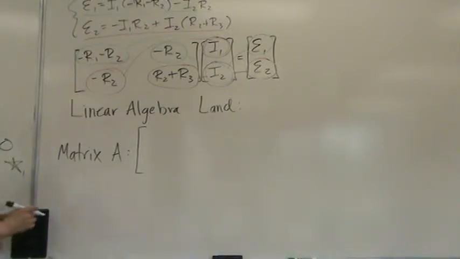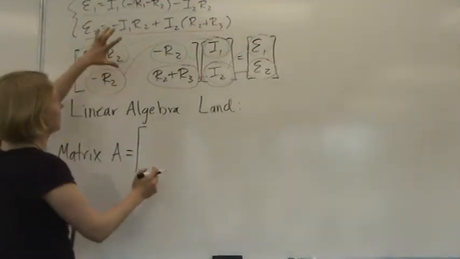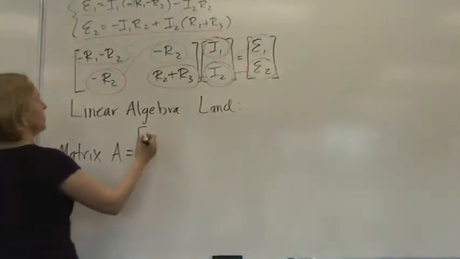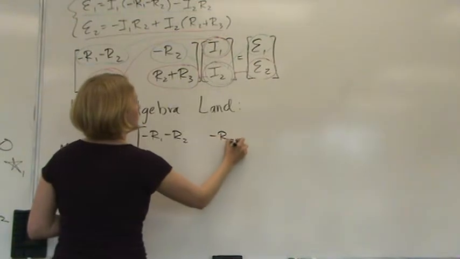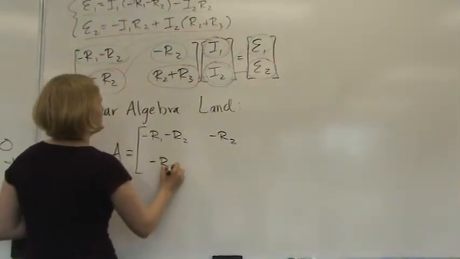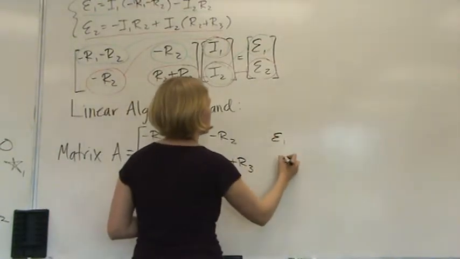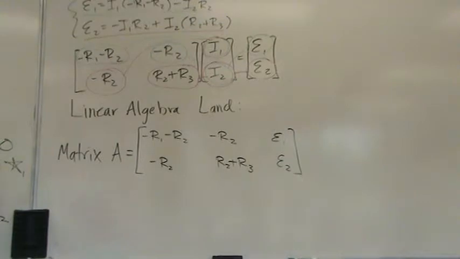So what we're going to do is build a matrix A by taking the resistor matrix and the EMF matrix and concatenating them together. Okay, so that's the concatenation of those two matrices.